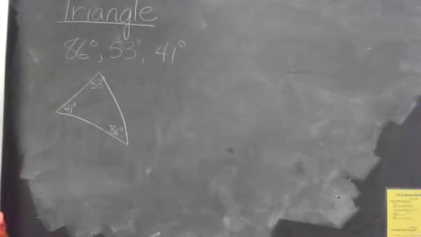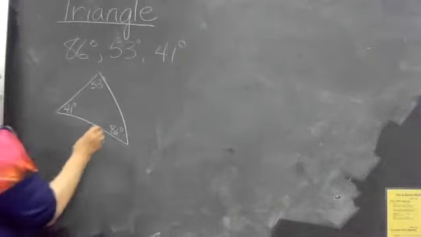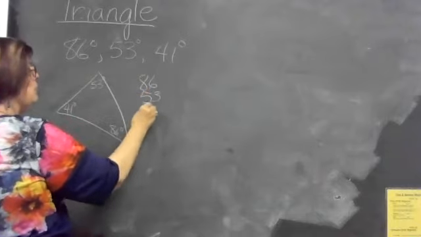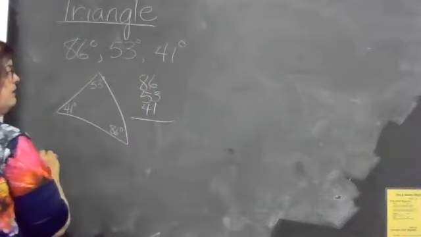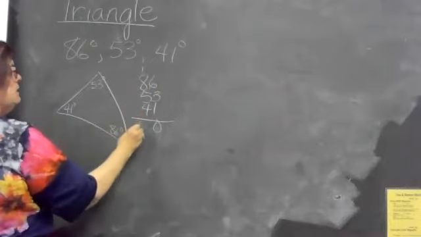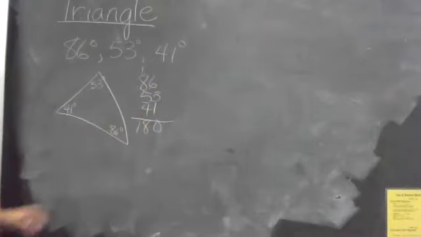Now, what did I tell you about the three angle measures in a triangle? They will always add up to 180 degrees. That's exactly right. So you take your 86, your 53, and your 41 and add those up. This is 10, 13, 180 degrees.